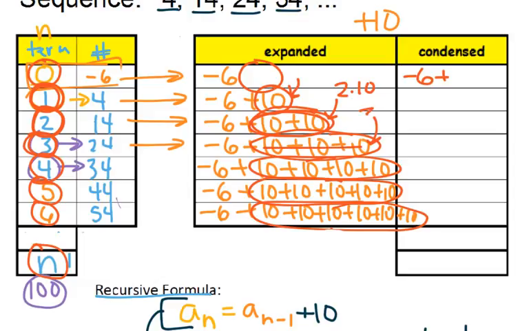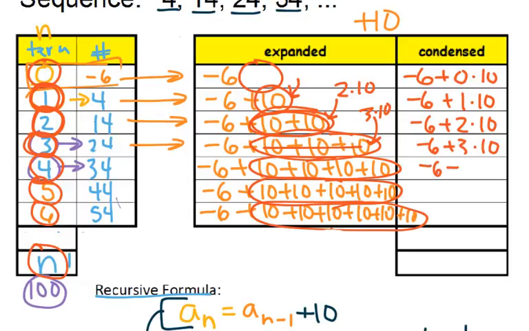And this one, how about 3 times 10? Isn't multiplication just repeated addition? So here we would go 0 times 10. Here 1 times 10, then 2 times 10, 3 times 10, 4 times 10, 5 times 10, and 6 times 10.